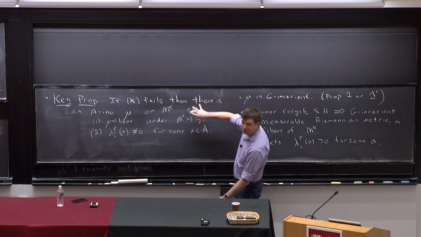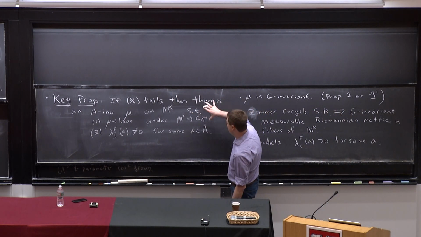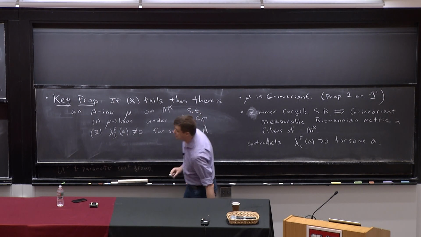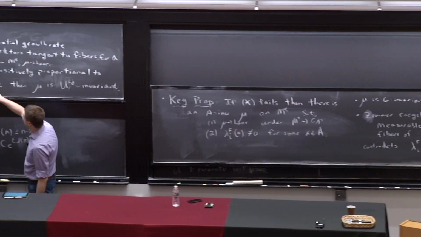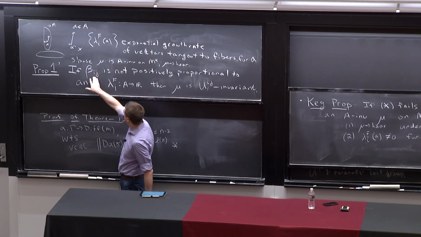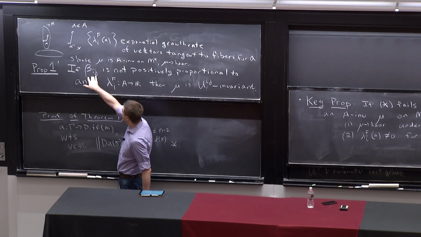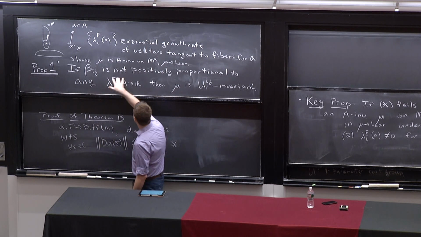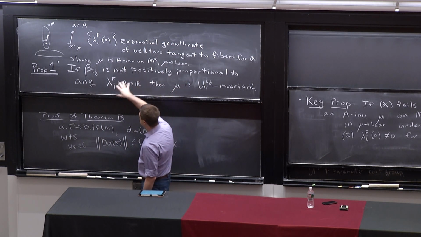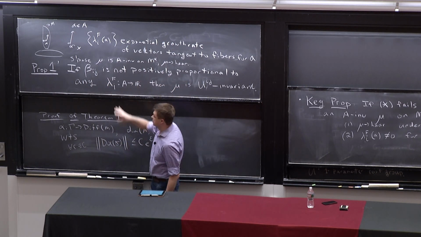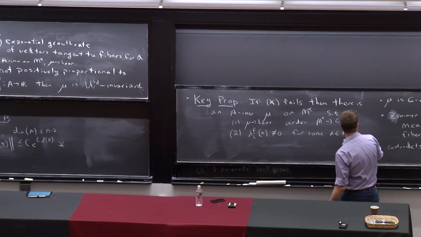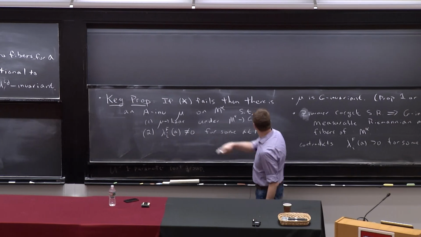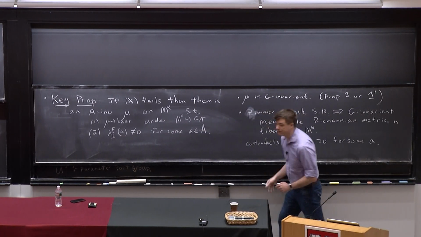So everything reduces to showing this key proposition, which is the main work of all three papers. And in the background, this philosophy that if the algebraically defined linear functionals are not positively proportional to a dynamically defined object, then you have some extra invariance, which is how we're promoting something that's just A invariant to being G invariant.